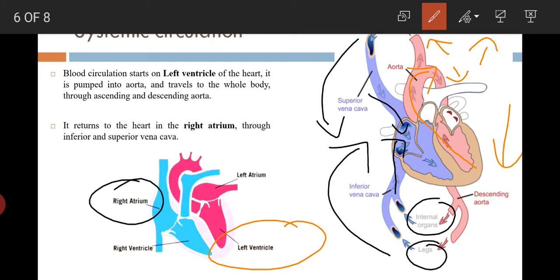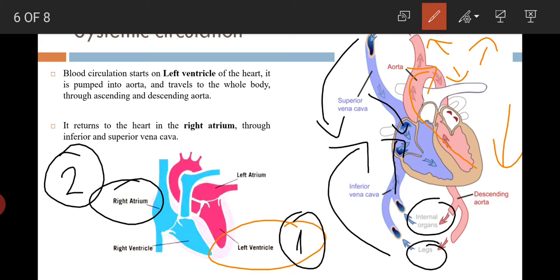So the systemic circulation, or the large circulation, starts in the left ventricle and ends in the right atrium, where the blood returns deoxygenated through the inferior and superior vena cava. So this is the systemic circulation.